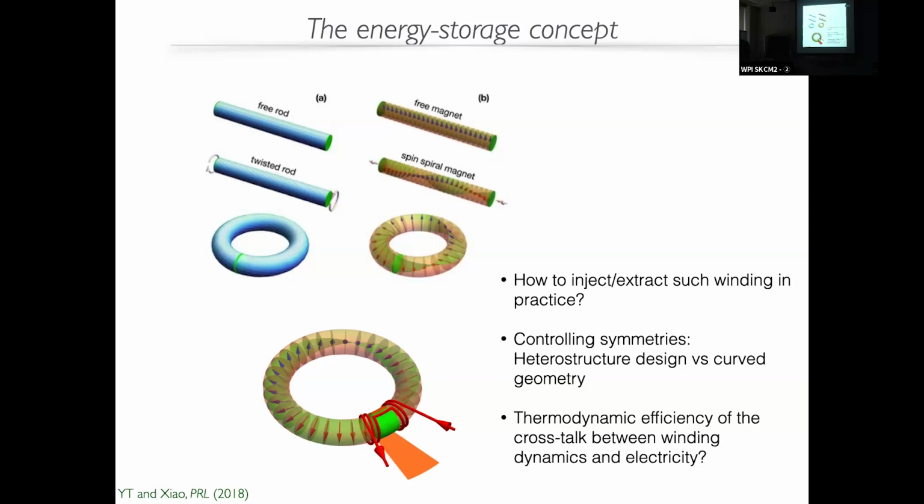In a magnetic system that could be easily accomplished by, for example, locally heating up a section of this wire above the ordering temperature, which destroys the stiffness of the magnetic order parameter here, allows these ends to flop around freely, and then lowering the temperature, we would go back and reglue the magnetic configuration.